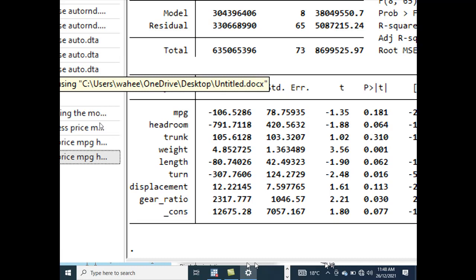The same is the case with headroom and trunk. Weight, turn, and gear ratio have a significant effect on the price of a car. So at the end of the day, if you want to point out the significant predictors of the price of a car, then according to this model, they are weight, turn, and gear ratio.